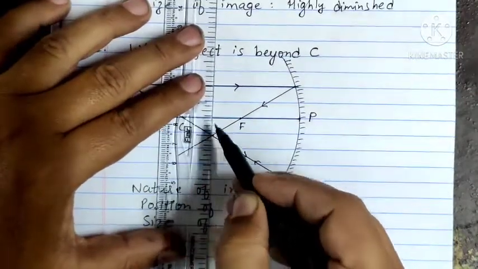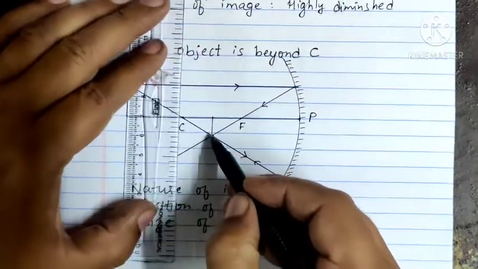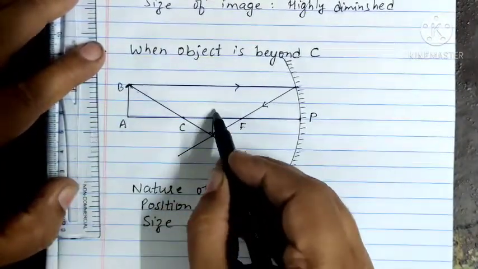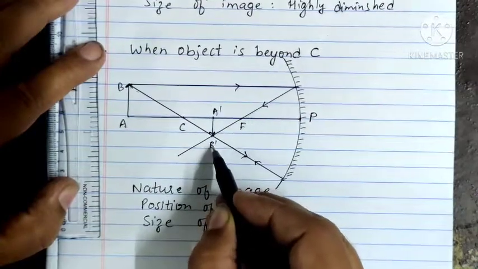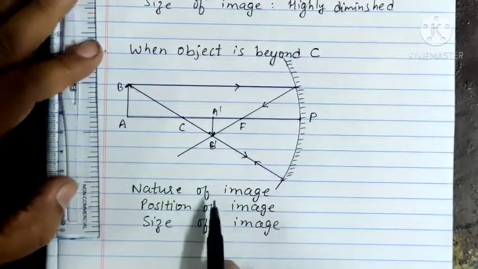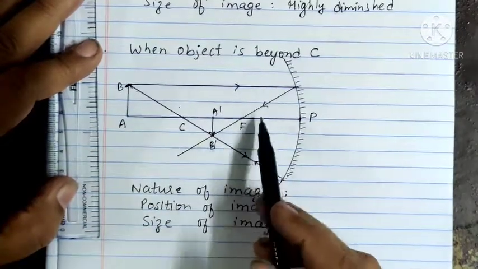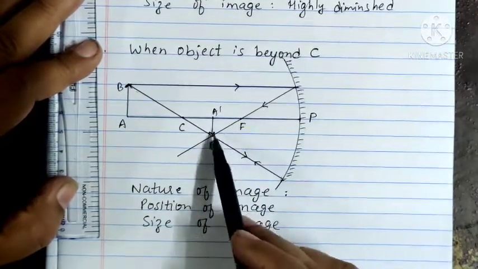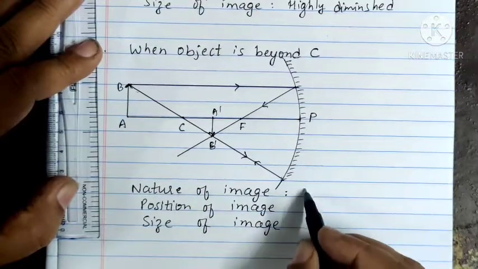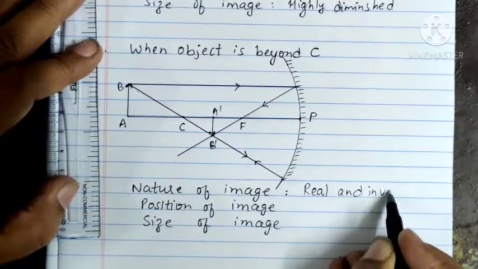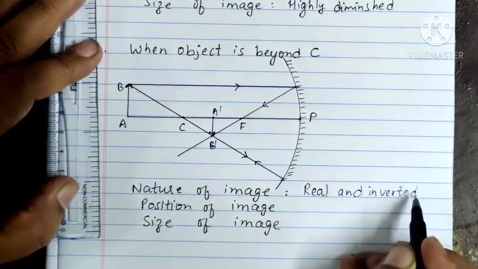Here the image is formed. AB is the object and A dash B dash is the image. The nature of the image is real and inverted.